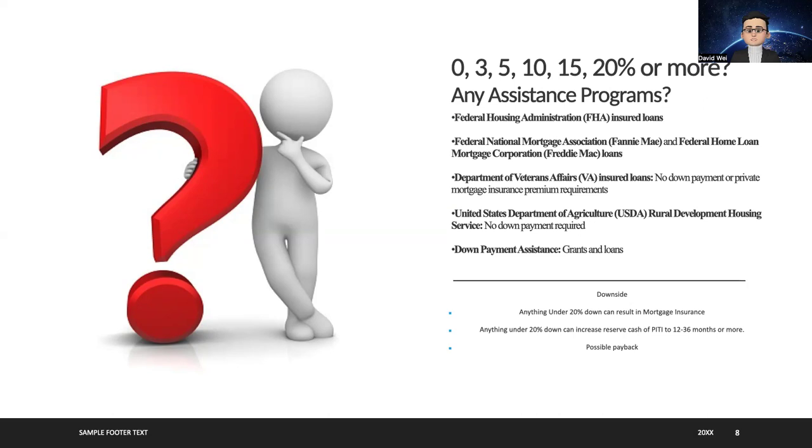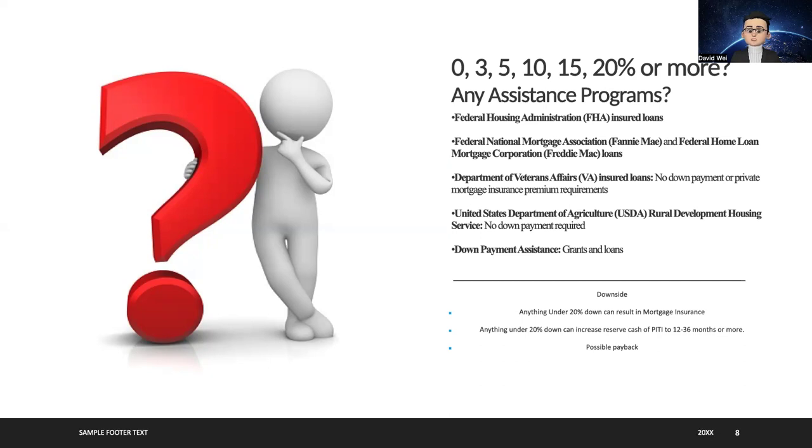So for example, VA, I understand they can do 0% down payment or pretty much no down payment, as you can see. And there are a lot of grants offered by city and county. You can check with your city and county and even your state. Also financial institutions or nonprofit organizations, a lot of them offer grants as well to help first-time home buyers or people who want to buy a home in a certain area.